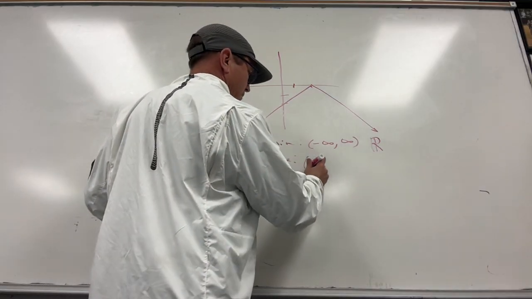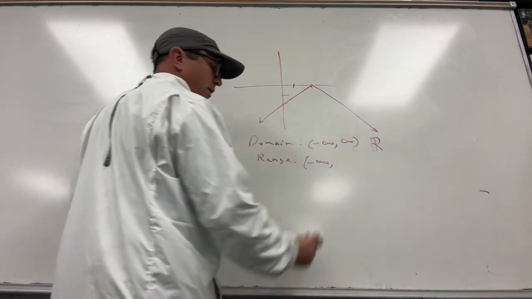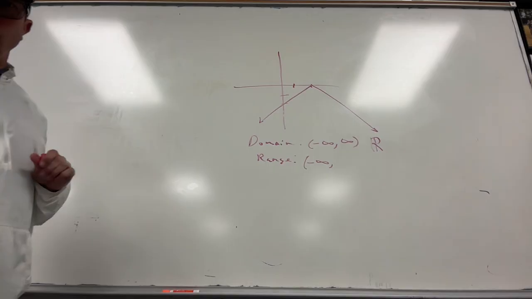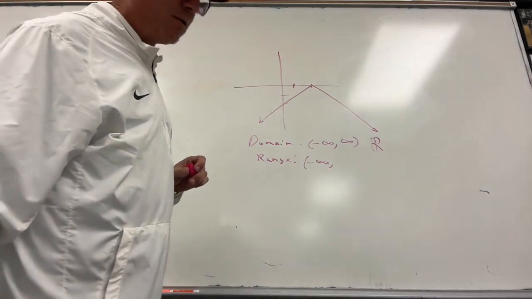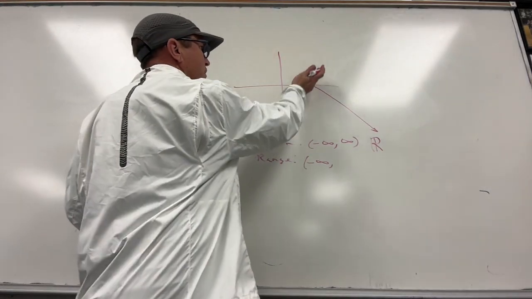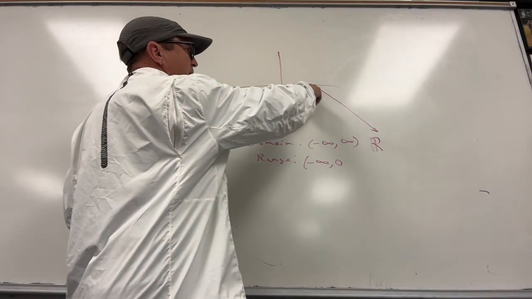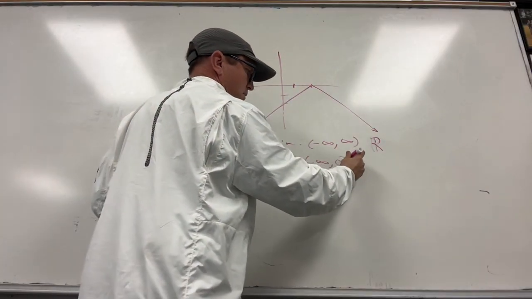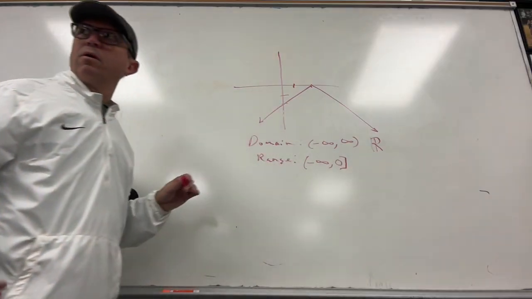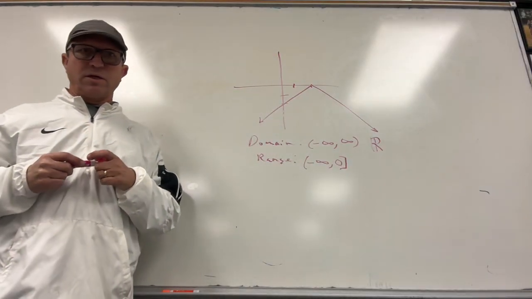So negative infinity represents no lower bound. And then we go all the way up to 0. Now, 0 is included in the value, so we will bracket the 0 when we go to interval notation with this.